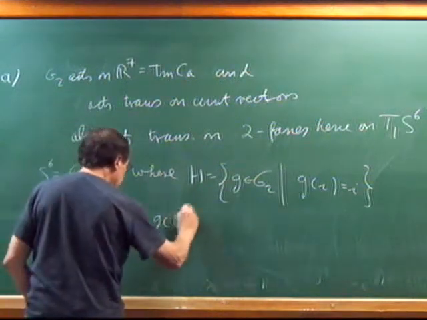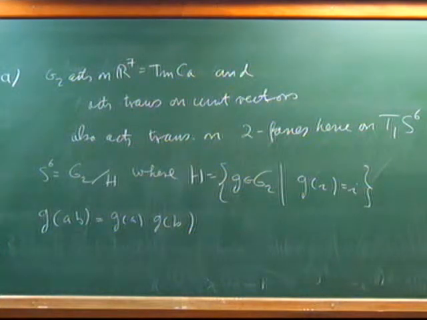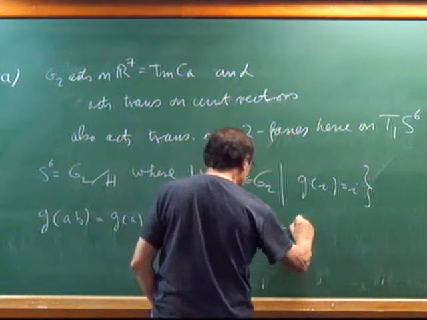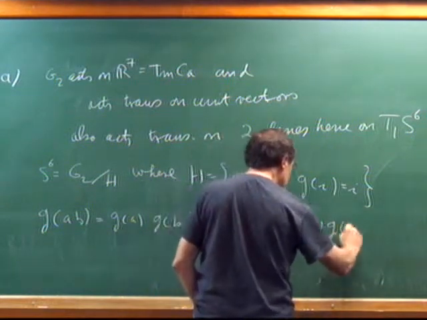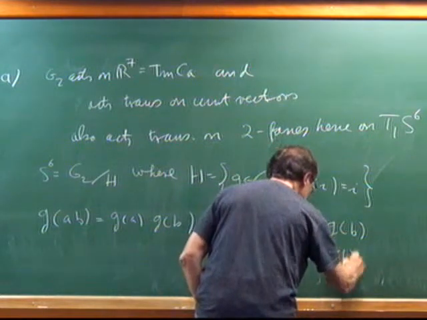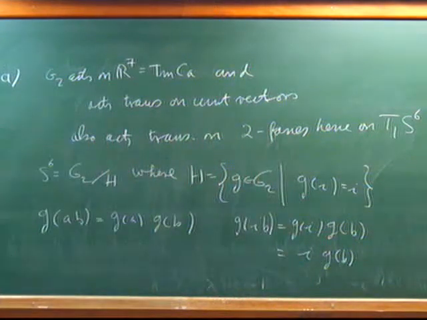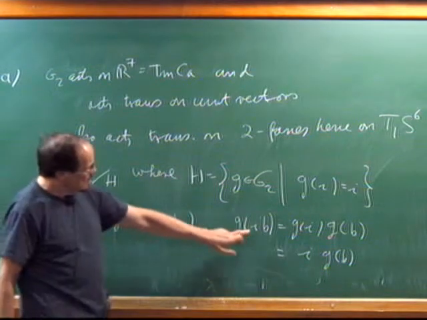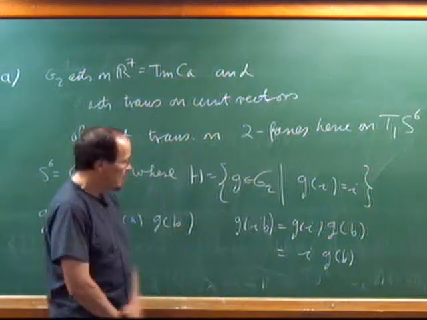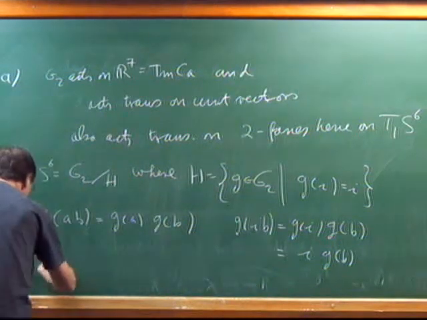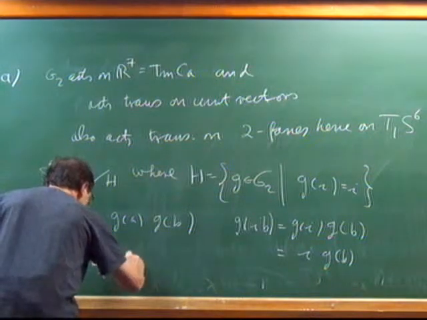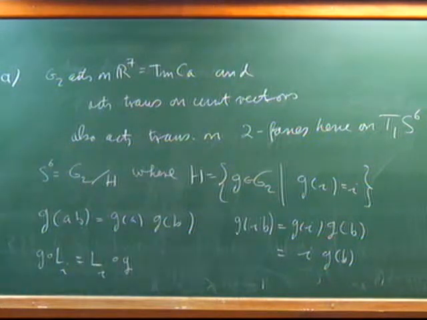This holds for all A and B. So let's set A equal to I. But G of I is I. So this must be satisfied. What does that say? It means that multiplication by I commutes with G. So let me say it as follows: G composed with Li is equal to Li composed with G.